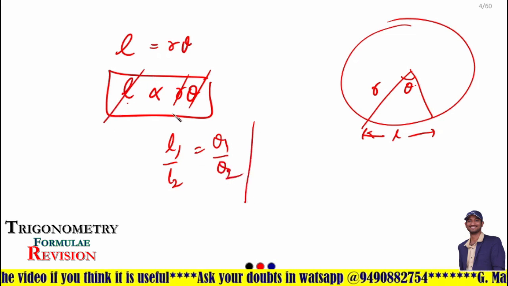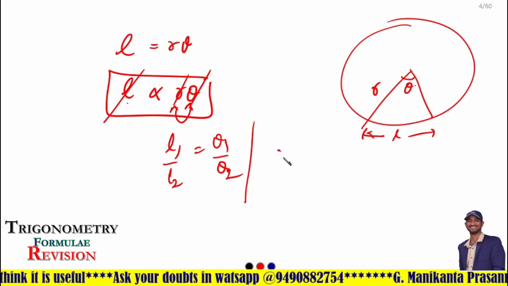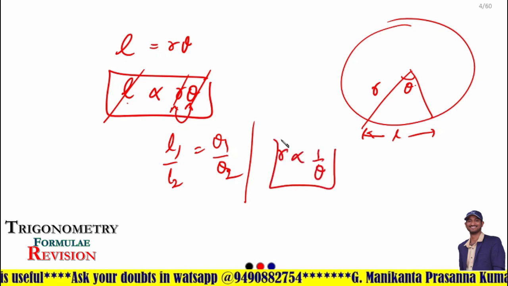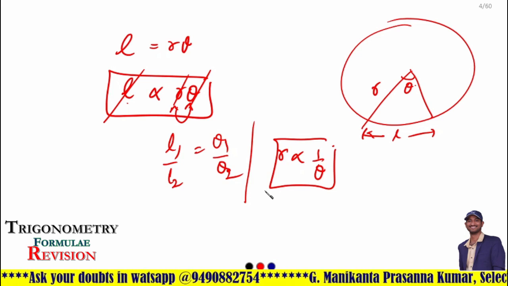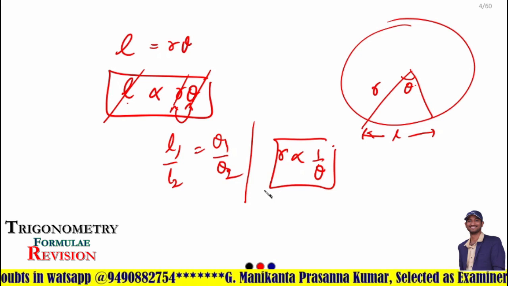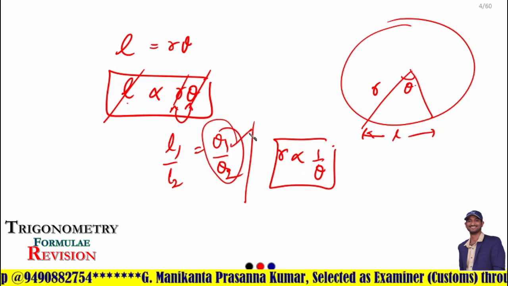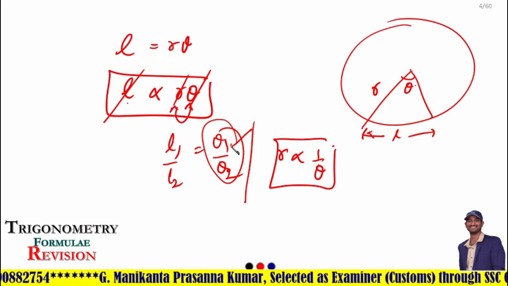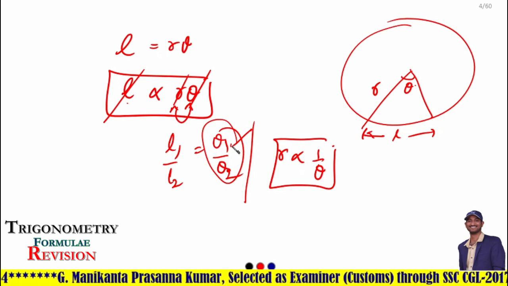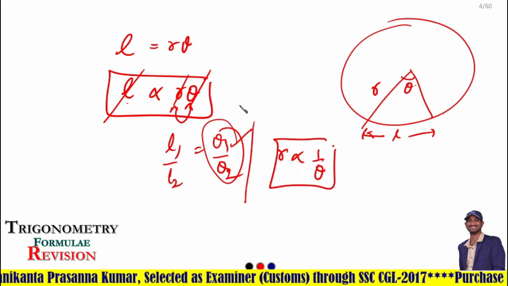Or if L is constant, then what is the relation between R and theta? R theta is constant, or R is inversely proportional to theta. So this is about the length of the arc in a circle. When you take theta, theta may be in radians or in degrees. In both cases, the theta measurement should be the same. These are the basics.